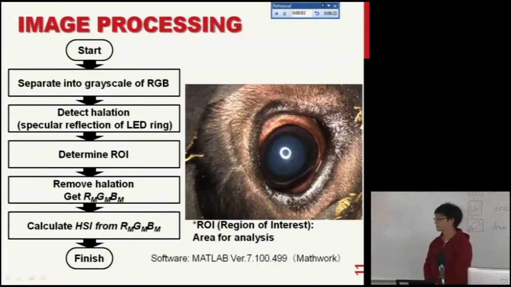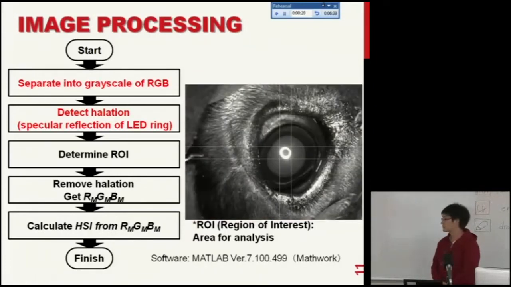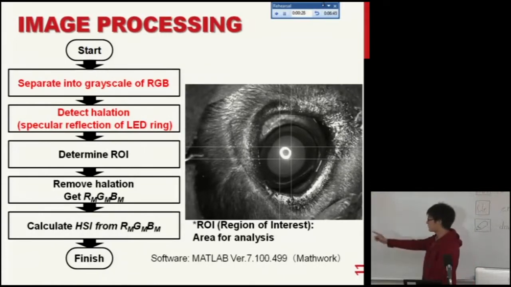Here is the image processing, how to process and get the reflection component of the eye. Here is the original color image. Firstly, the color image is separated into grayscale of RGB to detect the halogen part. The halogen part is the specular reflection of the LED ring, that white part.